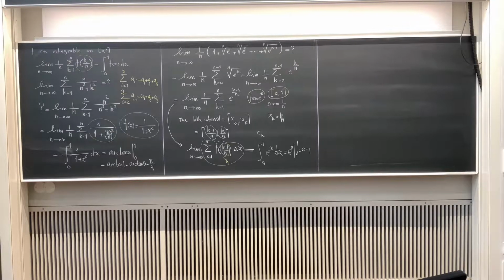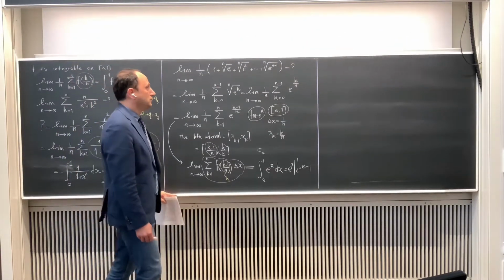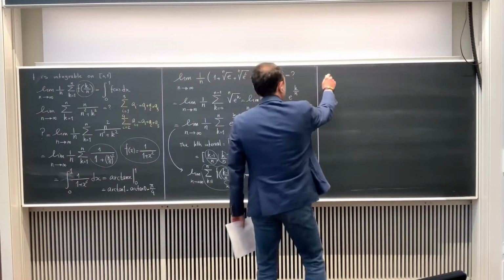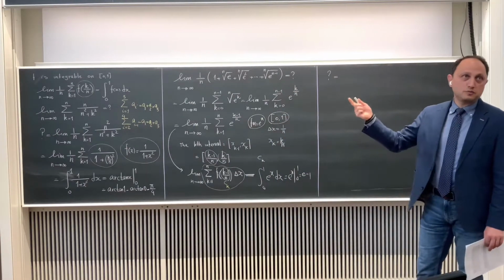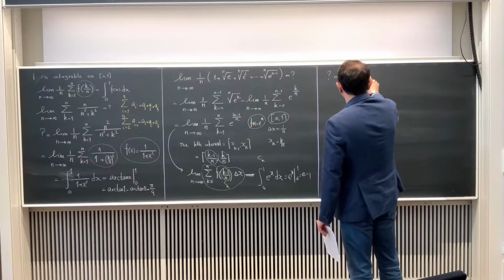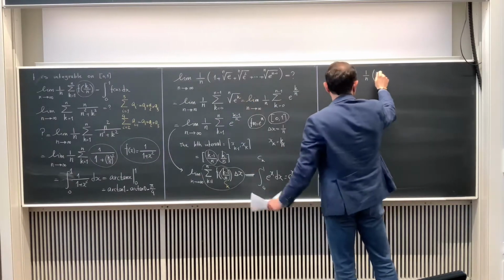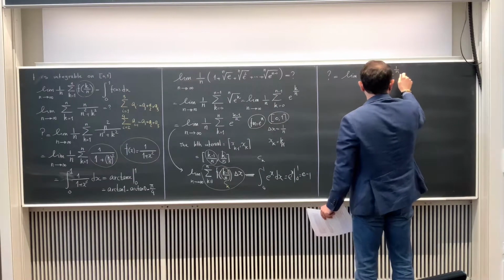Okay, but for this one, we have another method. Do you know how to do that? In this case, we can do it in a completely different way, but that is a special case. Instead of the nth root of e, I write e to the power 1 over n.